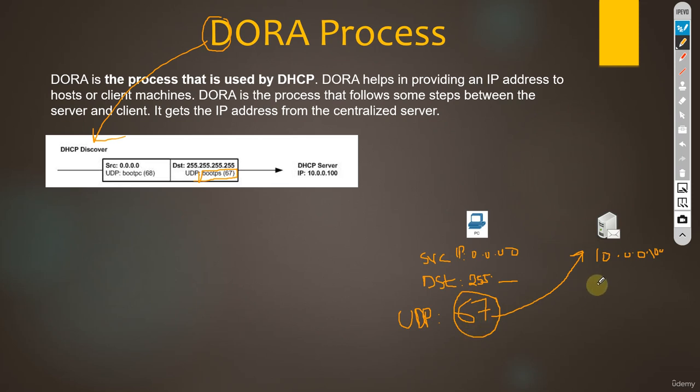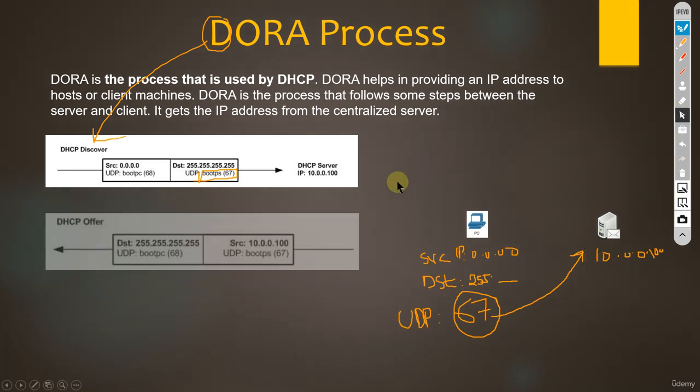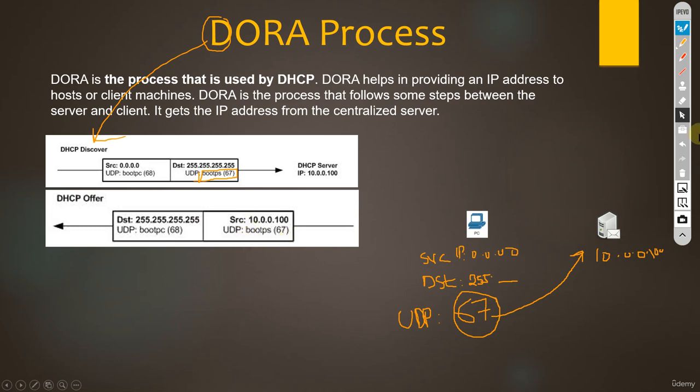At this point, this request will be initiated and it will reach the DHCP server. The DHCP server will get this request and look into the packet. In the next step, the source is the IP of this DHCP server, because our next step is DHCP offer.